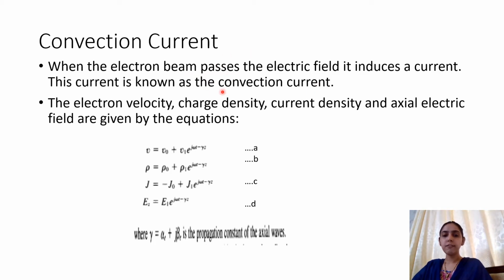Now, when we are considering the space charge effects, we have neglected these space charge effects in the analysis of our klystron amplifier, reflex klystron, etc. In travelling wave tube, when I am considering the space charge effect, all these values, that is the electron velocity, charge density rho, current density J, the axial electric field Ez, are all going to vary about their average DC values.